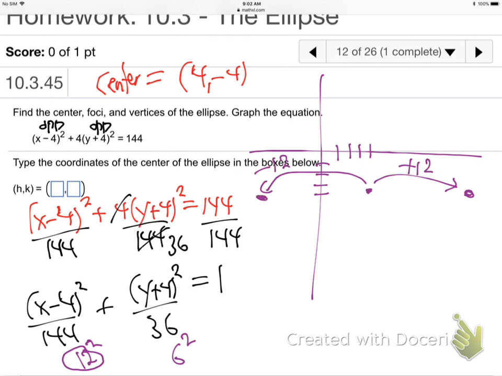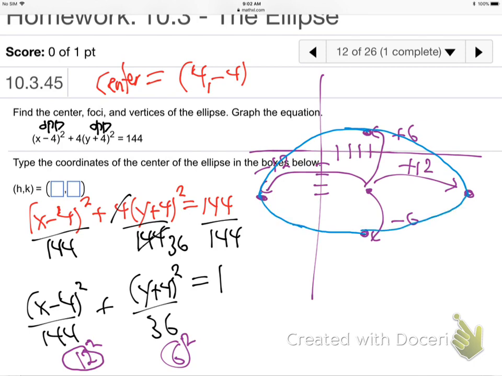And then I go up, whatever's underneath y is up, down: up 6, down 6. Put a dot. And then connect the dots. And there's our ellipse. And the center here is, again, 4, -4.